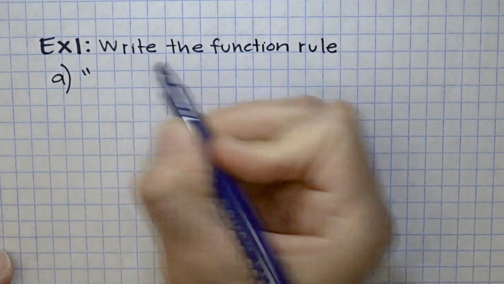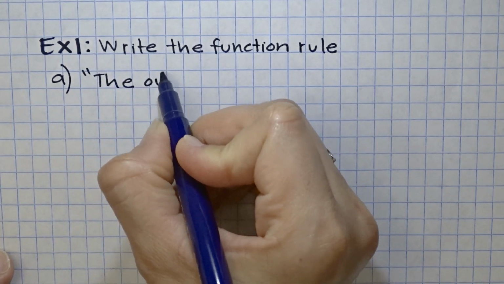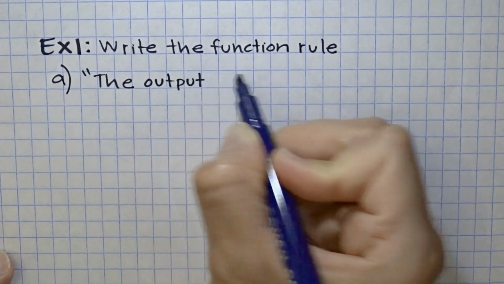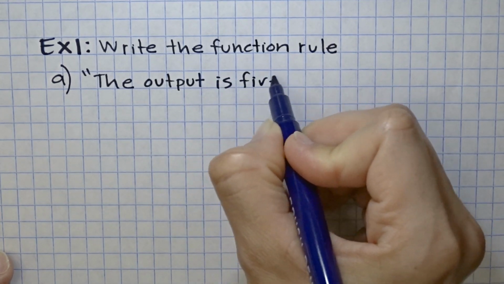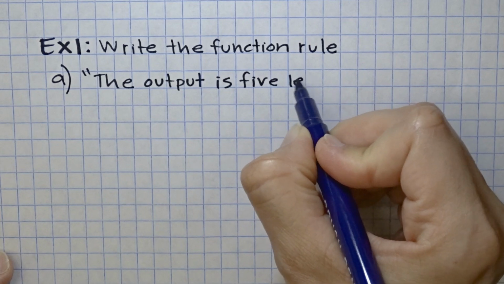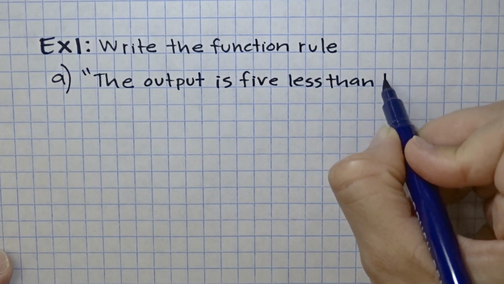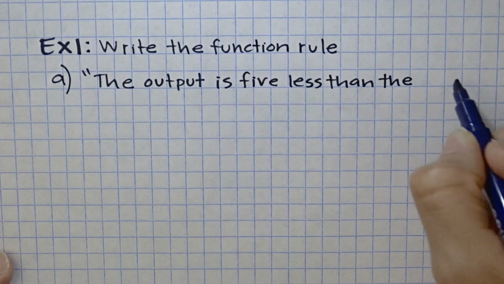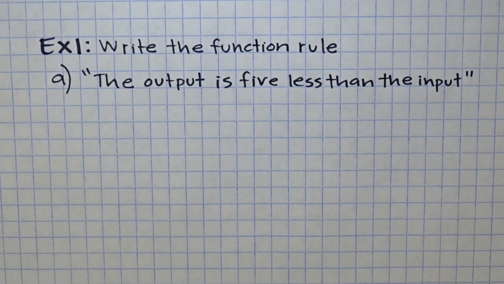The rule is the output is 5 less than the input. Okay, so that's our phrase. The output is 5 less than the input.